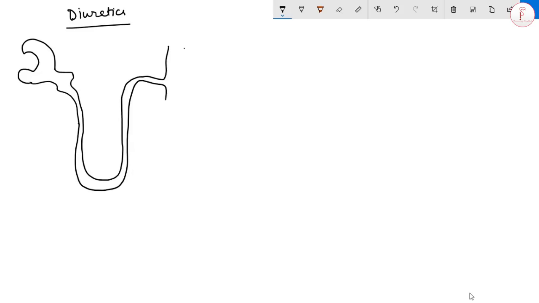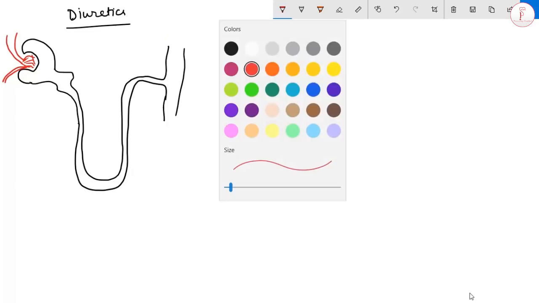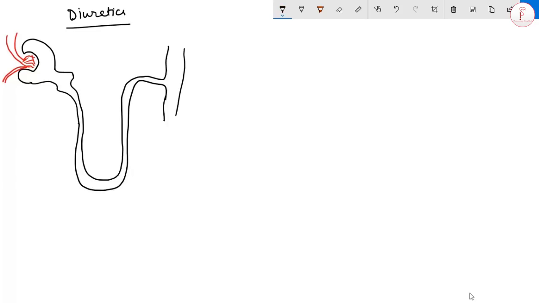You have Bowman's capsule, PCT, descending loop of Henle, ascending loop of Henle, then we have the DCT, and ultimately the collecting tubule. So the blood comes through the afferent arteriole, and it is filtered, and then it passes through the whole length of the nephron before being eliminated from the body as urine.